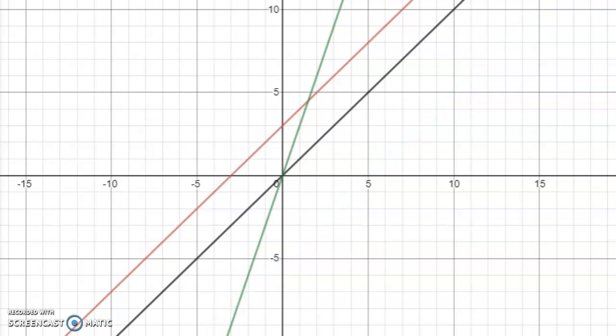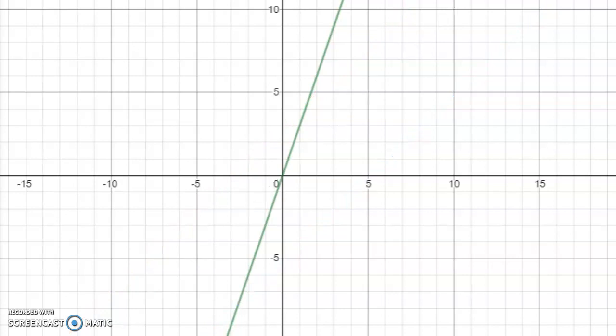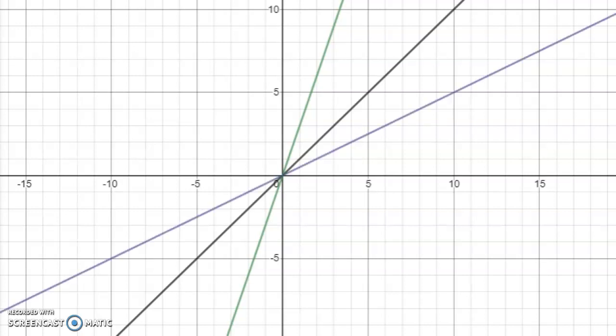I'm going to take these off so they don't confuse us. Whoops, I want that one back on. There's your parent function. There's your steep graph. If we graph this one, that is up 1 over 2, and it's a much less steep graph. So it's not stretched up and down anymore, stretched vertically.